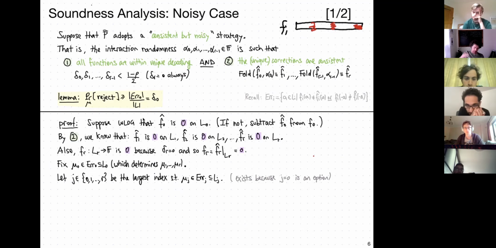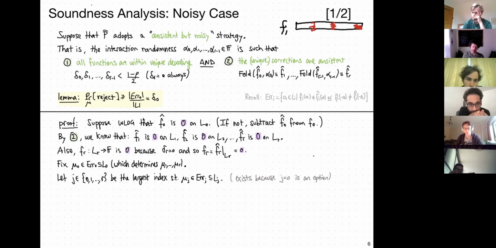Let's denote the furthest round where we still have an error before the prover changes strategy. Because by an intermediate-value-theorem type of statement, there has to exist a point where we went from noisy to non-noisy, from corruption to no corruption. So we fix that point.